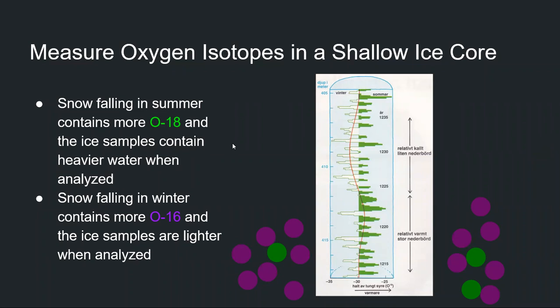And depending on the ratio of O16 over O18 in a sample of ice, or a sample of sediment in the ocean, you can come up with ideas about how the climate was, because the more negative the ratio delta O16 O18 is, the colder the climate is, and the less negative this ratio is, the warmer the climate is. So it's a very good indicator of the variations of past climates on our planet.